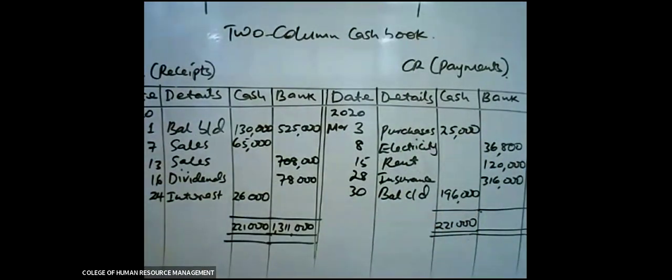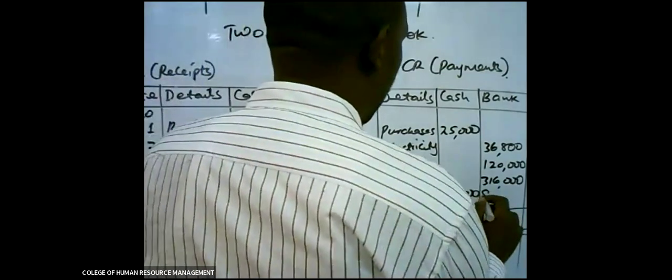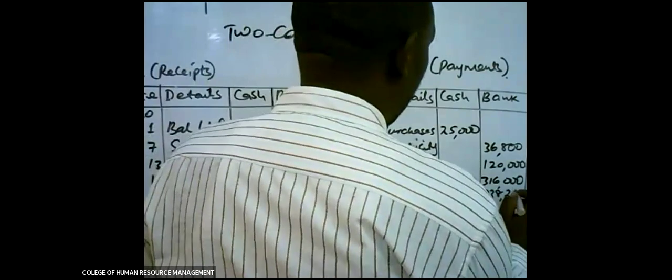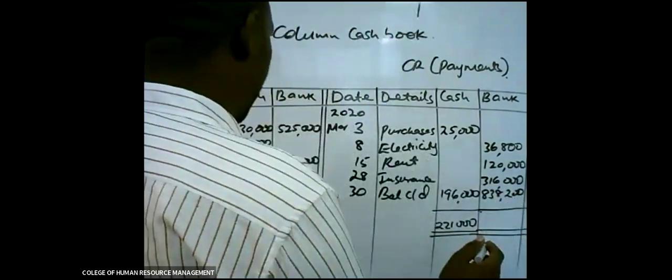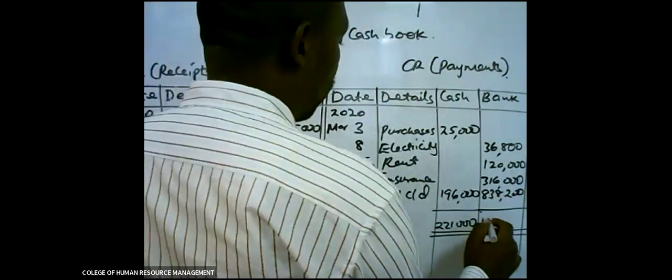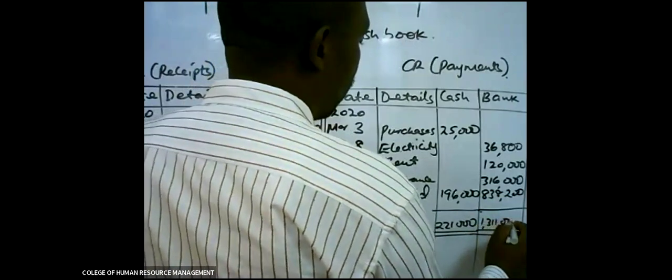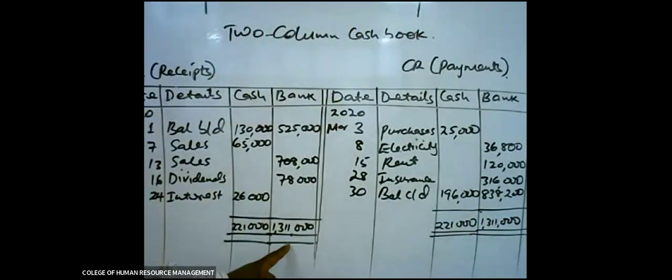So we shall minus those payments. You get 800,200. And once you have inserted that balance, the total here will be the same as this.